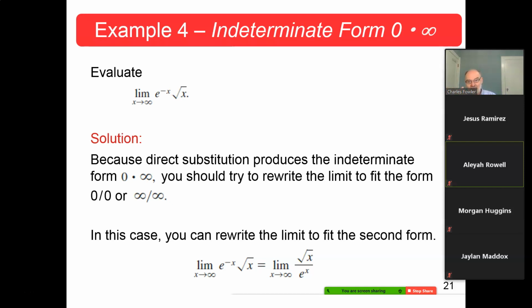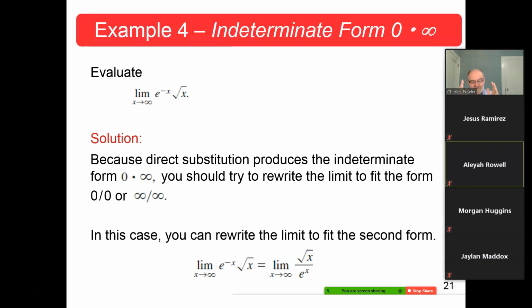Well, the numerator, as we said before, is going to 0 because e to the minus x as x is going to infinity gets closer and closer to 0. Okay? 1 over the square root of x is also going to 0. So don't go with those two functions. I mean, you could. That'd be 0 over 0 if you went that way.